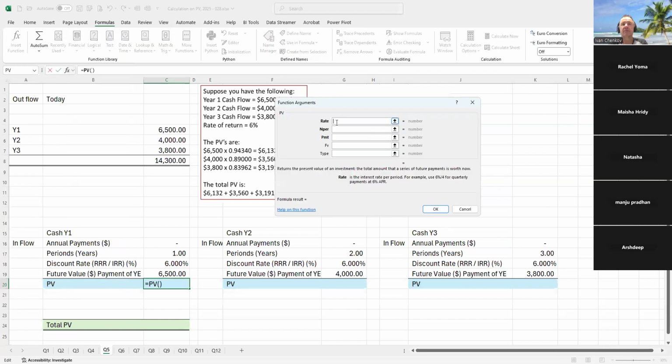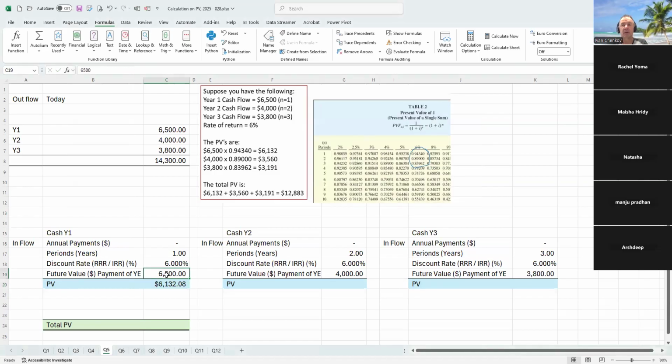We're going to scroll down to the present value. For rate, we use the discount rate. Number of periods, 1. Payments, in this case, will be 0. Future value, in this case, will be negative 6,500. The value of those 6,500, if we receive it at the end of the year with a 6% required return, is $6,132. Now let's see the value of the $4,000 discounted at 6%, received 2 years from now.